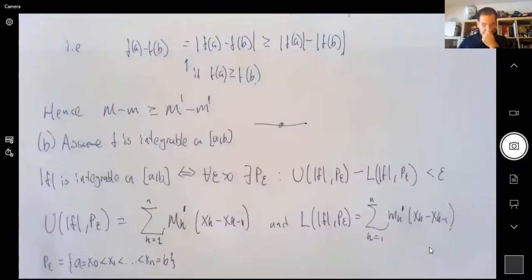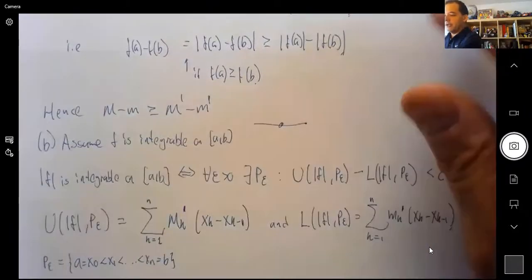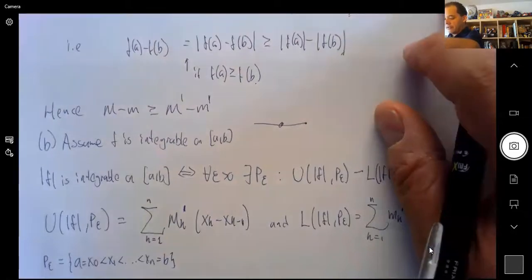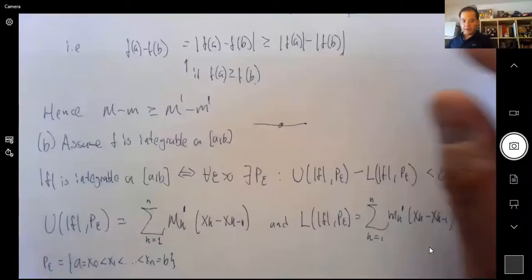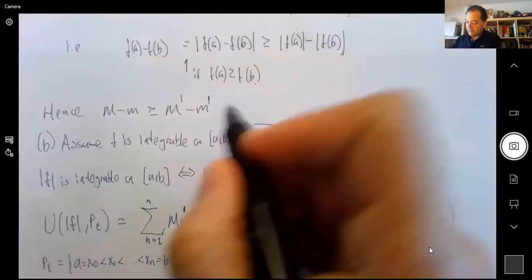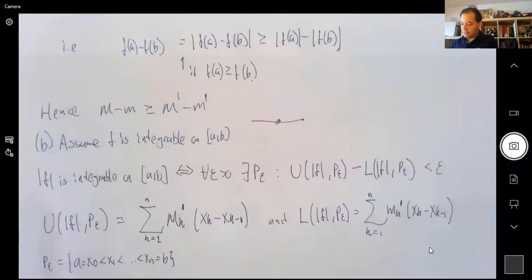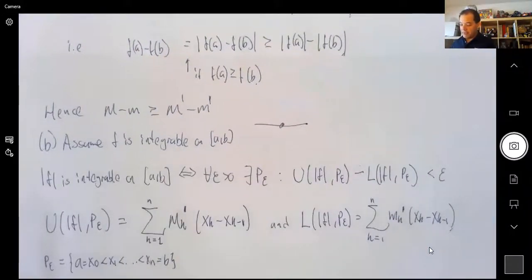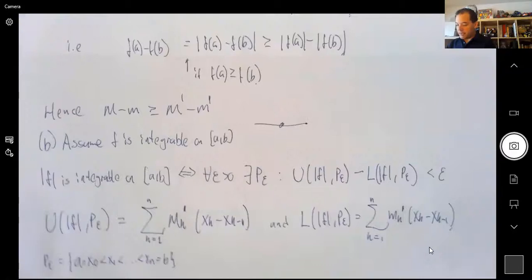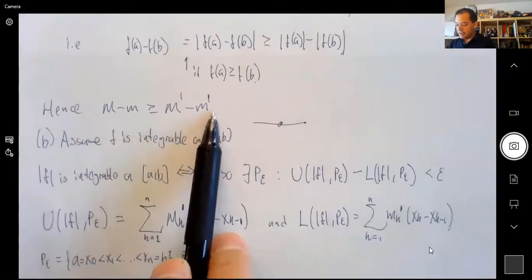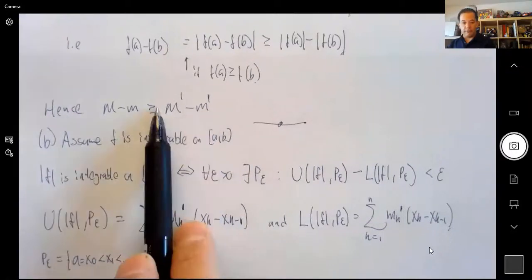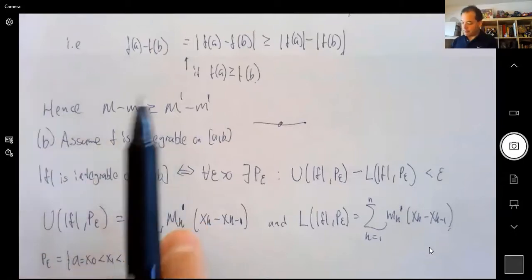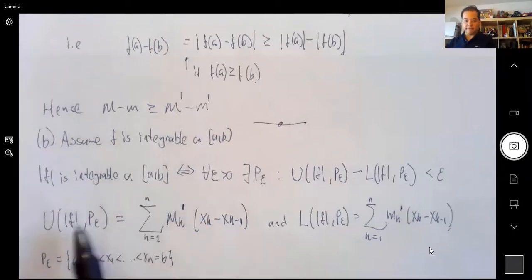So we're almost done. All we need to do is use our inequality. What is our inequality? We have it right here. In general, it doesn't matter what kind of set you have, the capital M prime minus little m prime is less than or equal to capital M minus little m. So what happens when you do U minus L?